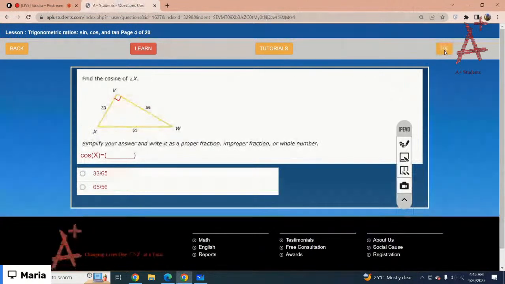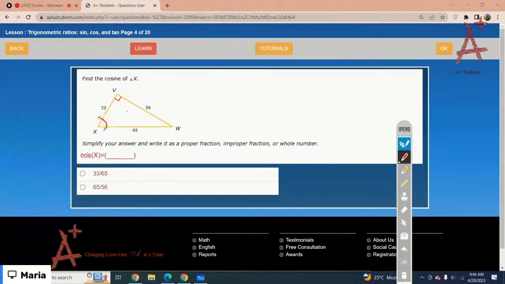You need to calculate the cos of angle X. Here is angle X. Cos of angle X is adjacent over hypotenuse.